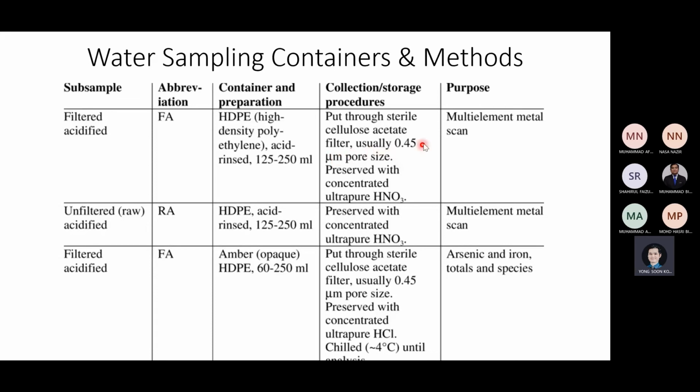And once this is filtered using this pore size of a syringe filter, the water sample has been removed of all the sediment, of course, as well as dissolved organic matter. So what is left there, if you have metals, they are ionized metal. There is no complex metal.